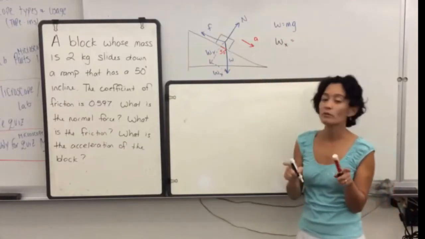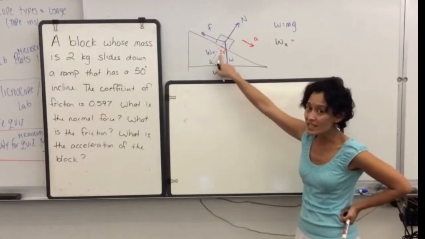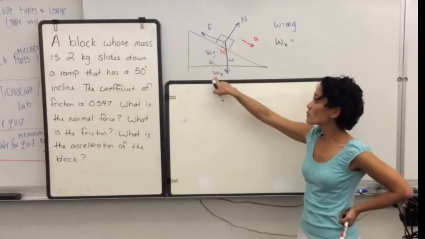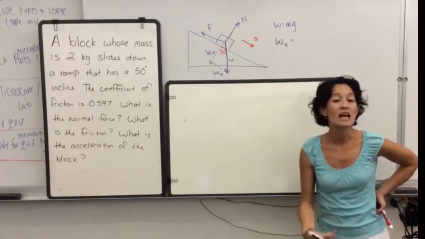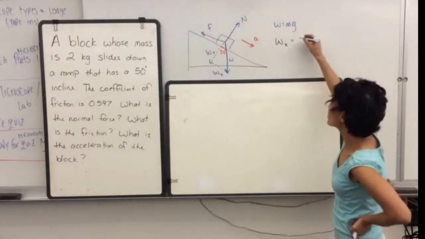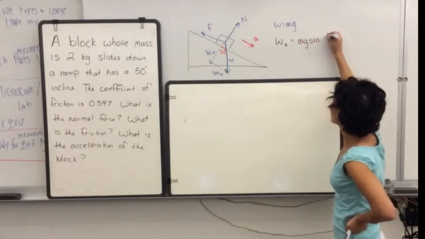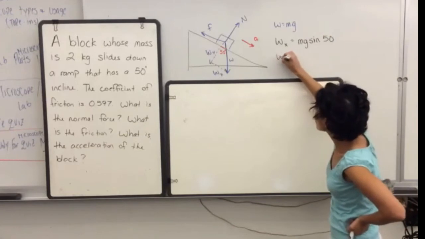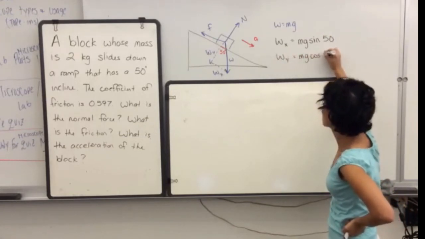This is a little different than what we've been doing before, but do you see how Wx is opposite the angle? So if Wx is opposite the angle, then to figure out Wx, it would be the sine, because it's opposite. So Wx would actually be mg sine of 50, and Wy would be mg cosine of 50.